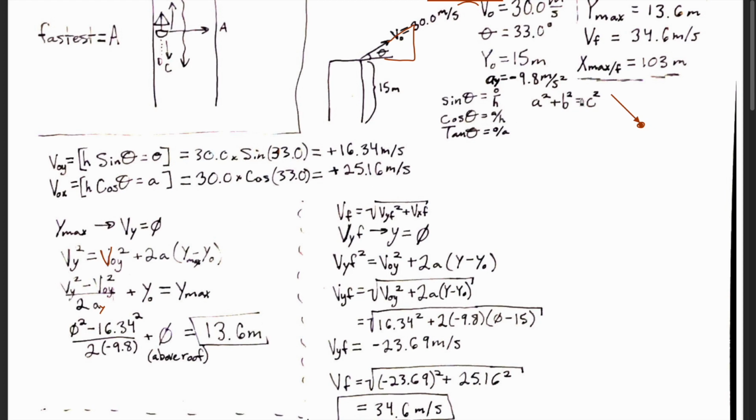So the hypotenuse, let me draw this up a little bit more. Move that over. Great. So this is the hypotenuse, and that is the velocity final. And then here, this one is the velocity in the y direction.